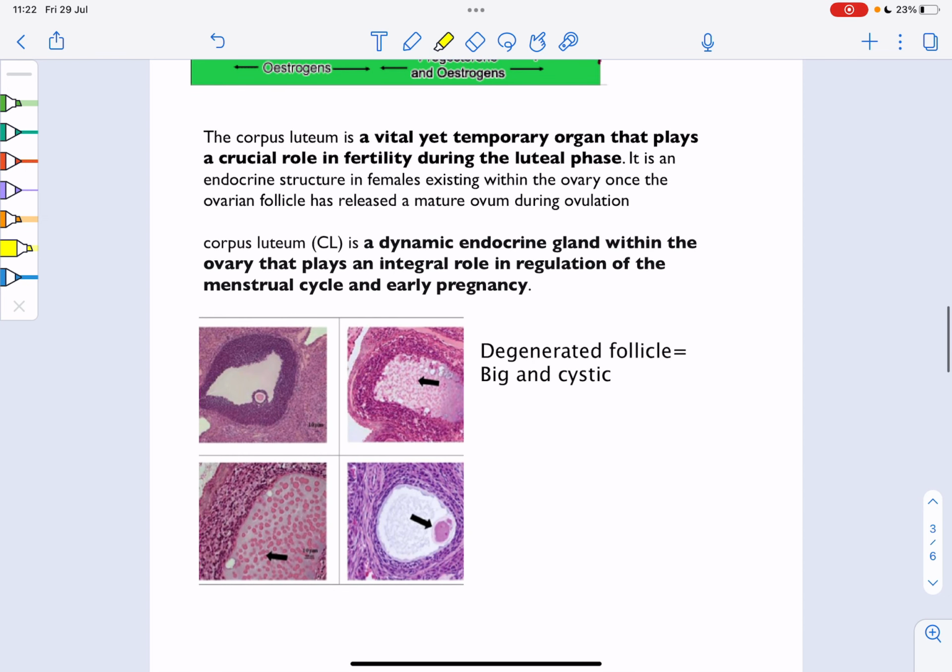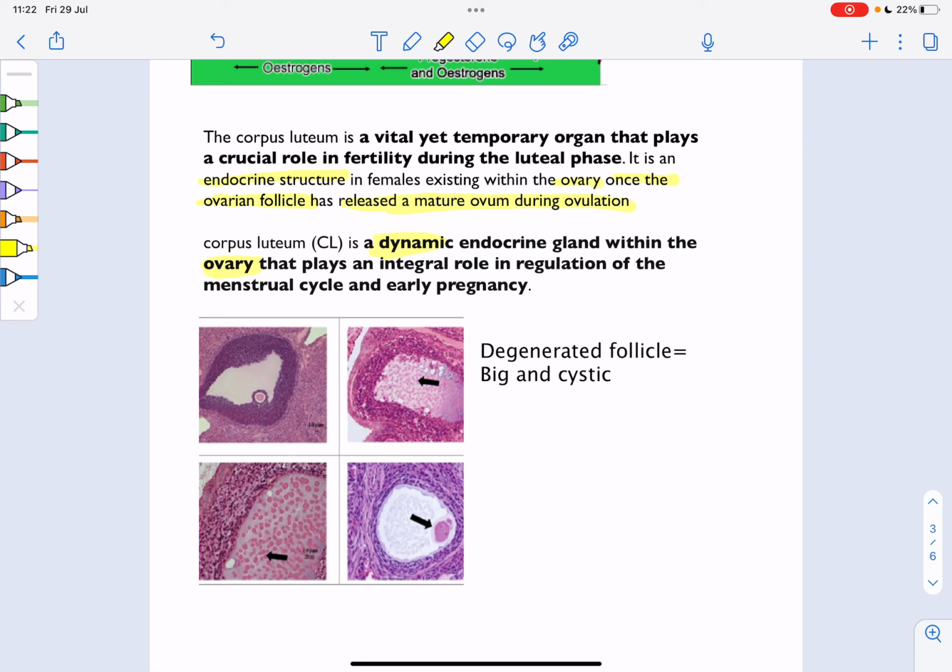The corpus luteum is a vital yet temporary organ that plays a crucial role in fertility. It is an endocrine structure in females that only exists within the ovary once the ovarian follicle has released a mature ovum during ovulation. It's dynamic. It's not always there. And it's within the ovary.